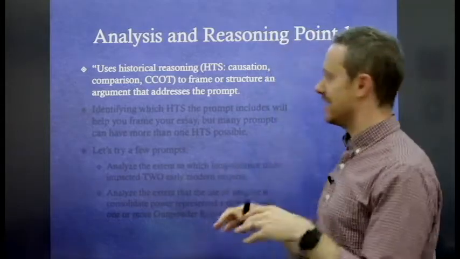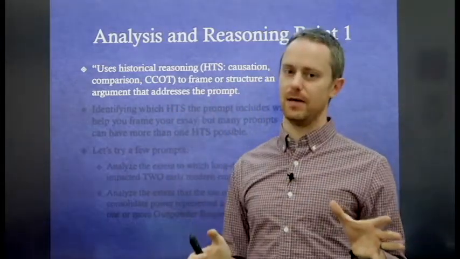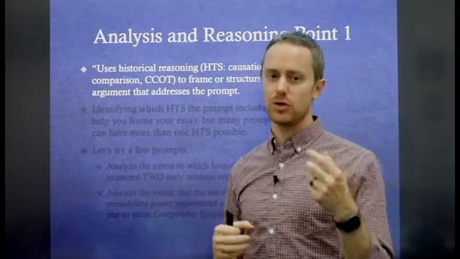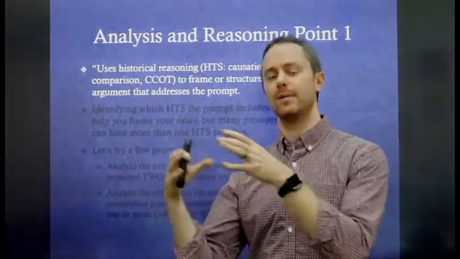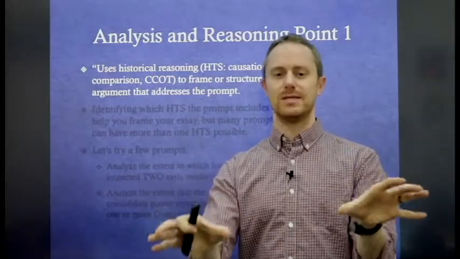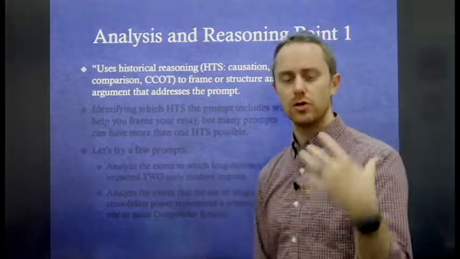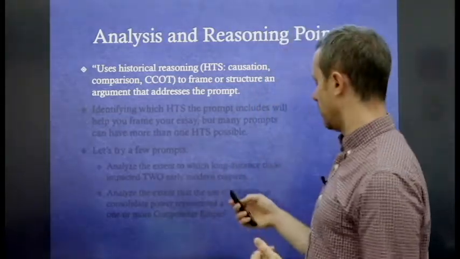What this is doing is it's basically letting that flow throughout the entire essay, letting us see that you were talking about causes and effects for causation, letting us see that you're talking about this versus that in your comparison one. You're looking at similarities and differences, okay? You are doing so in a very clear way. You're going to get analysis and reasoning part 1.